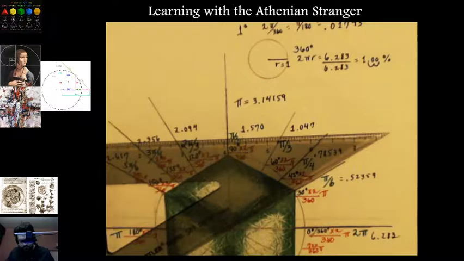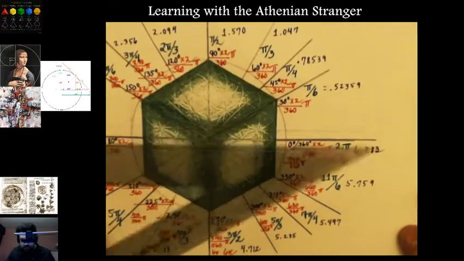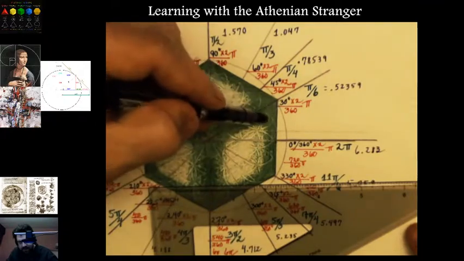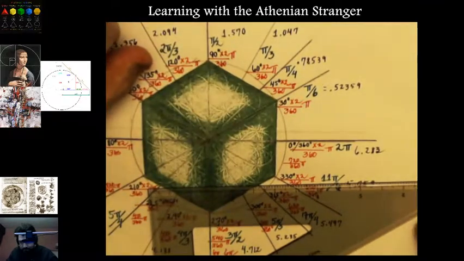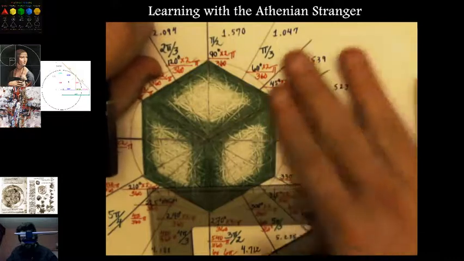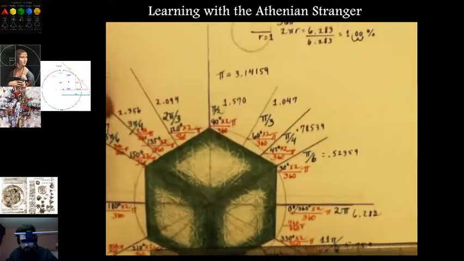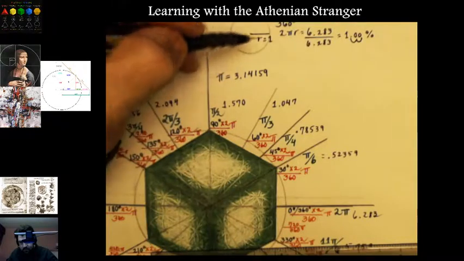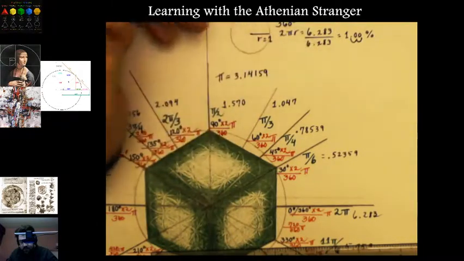Okay? So let's take some additional numbers and find out these degrees now as percents of the total circle. Let's remember that our formula for the circumference of a circle is 2 pi r.